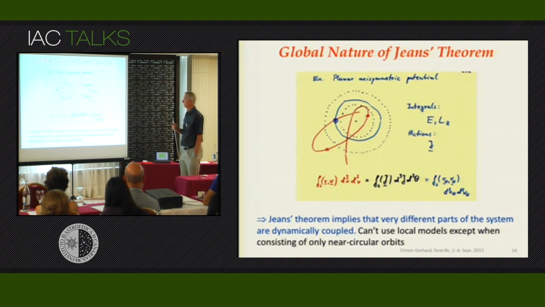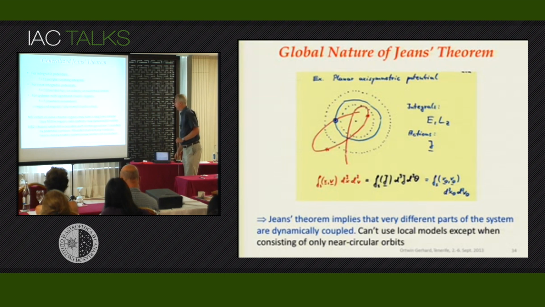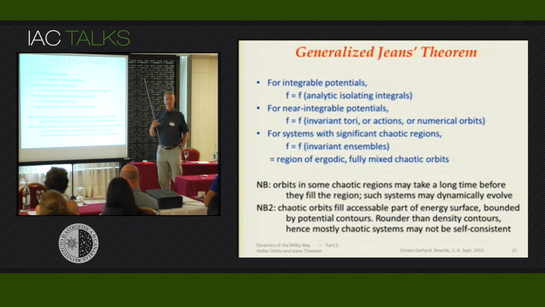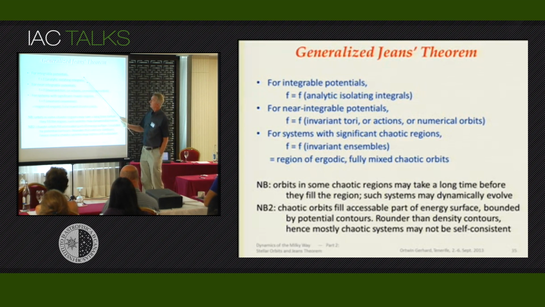And therefore, by considering orbits or tori, we've reduced the dimensionality of our phase space, if you like, and therefore we have a lot more information about the system than we might a priori think. So what it implies is that different parts of the system are dynamically coupled through the orbits, and by using a global model, you can exploit that.